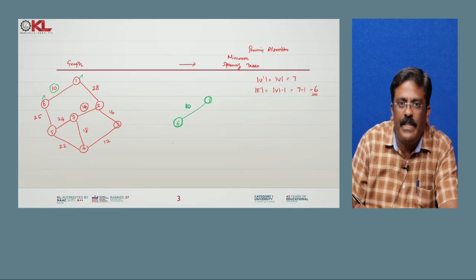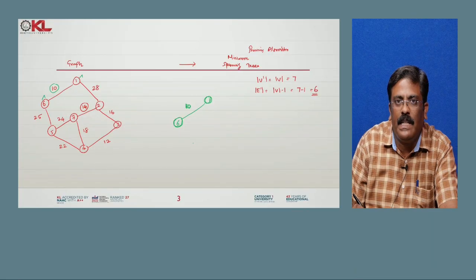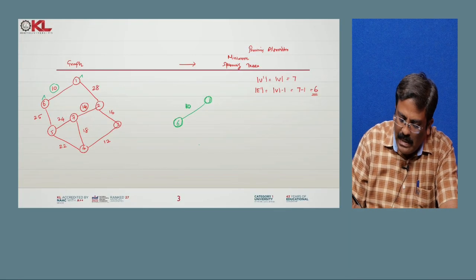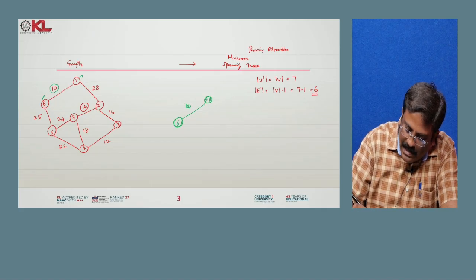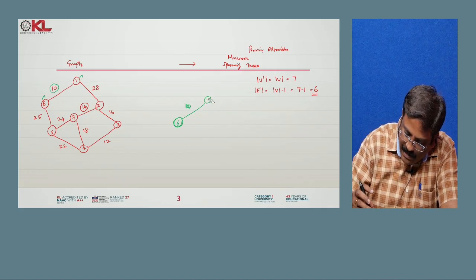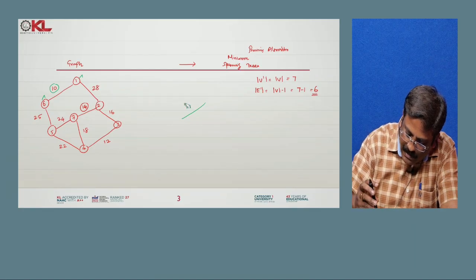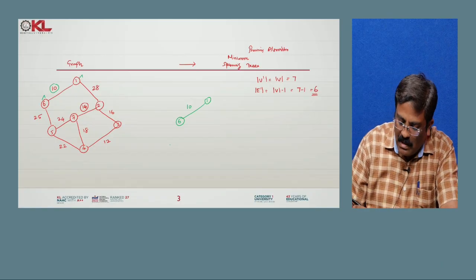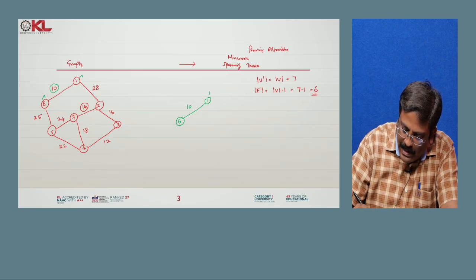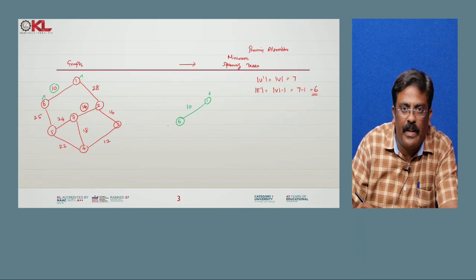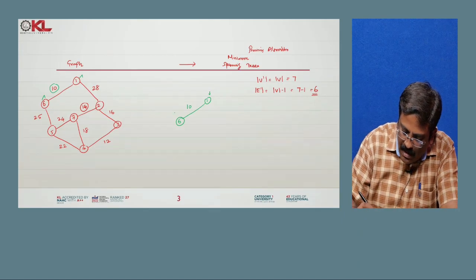From these selected vertices, we see what other minimum we can visit, so we check the adjacency. I will just redraw this here. This is 1 and this is 6, and this weight is 10, correct. Either from 1 I look for the next minimum, or from 6.